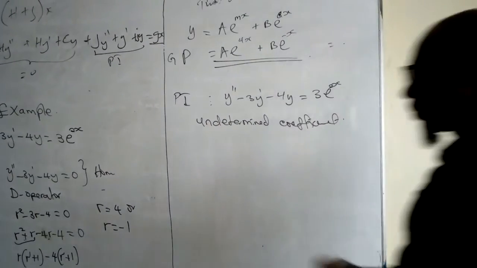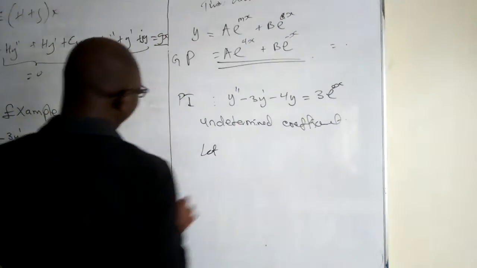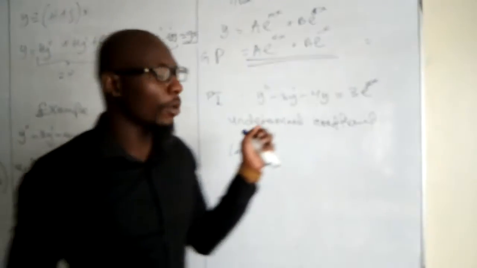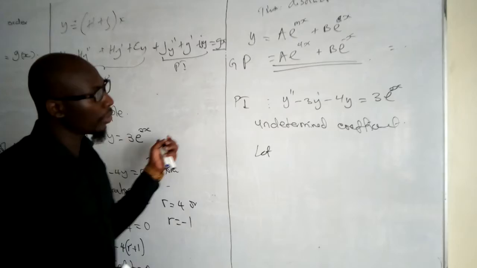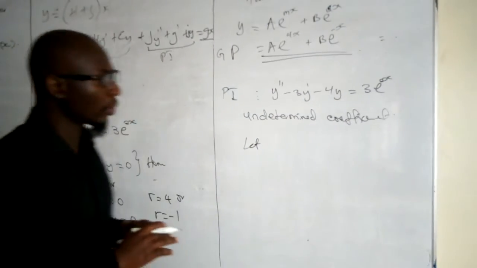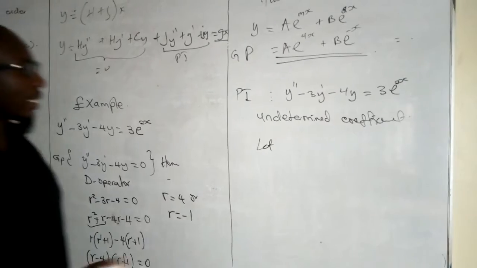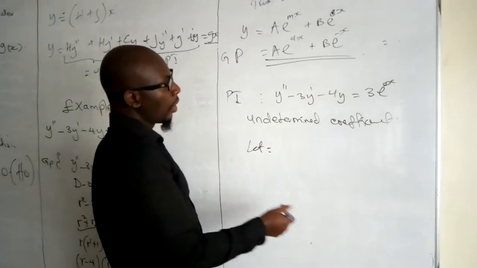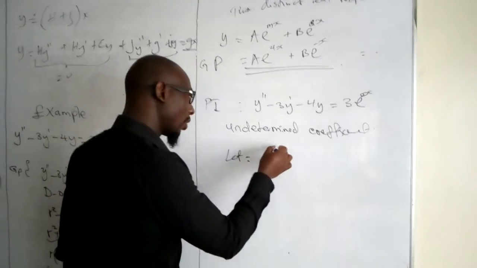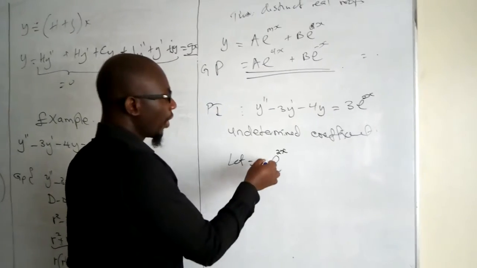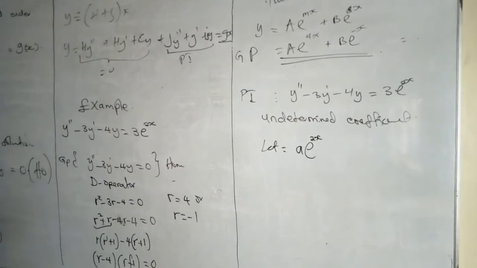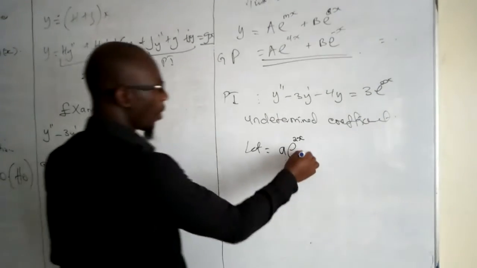We take any unknown function whose derivative will give you an exponential. From the tables of derivatives, we know that if you differentiate an exponential, its coefficient comes down. Since the power of the exponential does not change, we have the function as an exponential of 2x with a certain coefficient. Let's have it as a. Let this be equal to y.